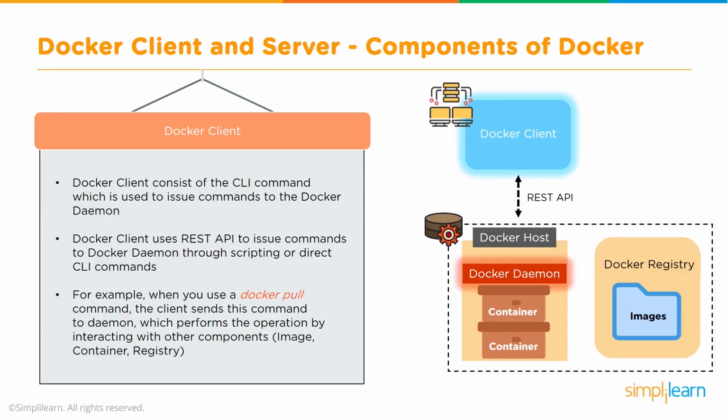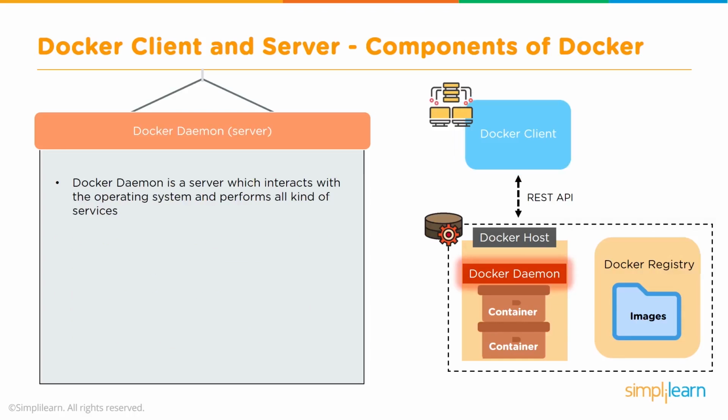So you can do communication such as a Docker pull command, which would send an instruction to the daemon, which would then perform the interaction of pulling in the correct components, such as an image or container or registry, to the Docker client. The Docker daemon itself is actually a service which performs all sorts of operating and performance services. And as you'd imagine, the Docker daemon is constantly listening across the REST API to see if it needs to perform any specific requests.